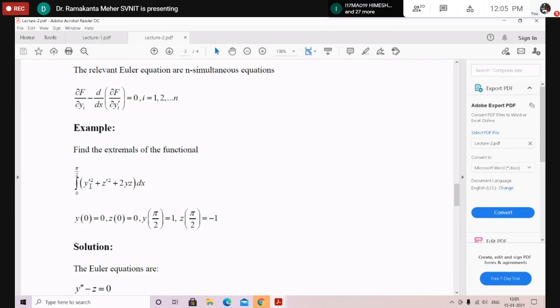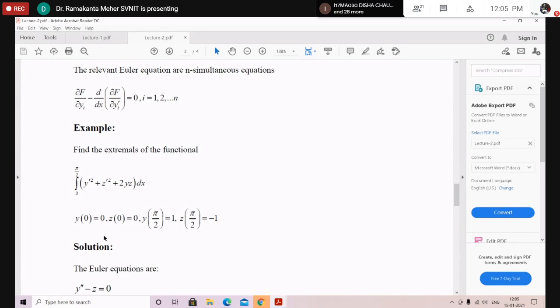Since the order of derivative is 1 for y and 1 for z, we need two conditions for y as well as two conditions for z. In all, it requires four conditions if we take a variational problem where the function contains two dependent variables and f is of the form x, y, z, y dash and z dash. Here our f is y dash square plus z dash square plus 2yz.